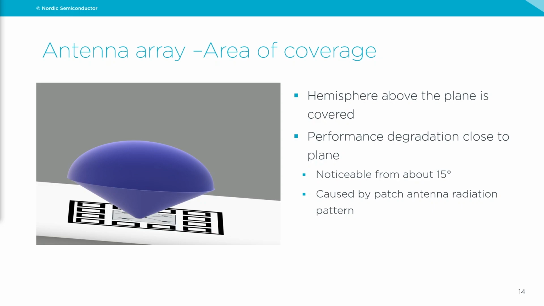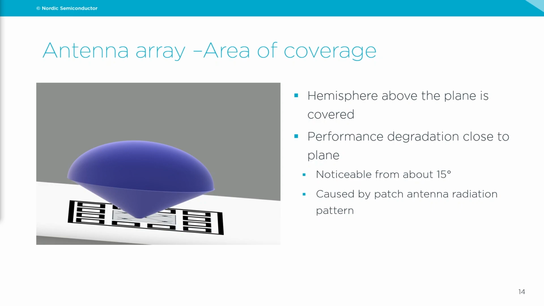And this has to do with the antennas chosen being patch antennas. They have very good performance for projecting the field directly out of the plane, but they don't work well in the plane. If you want to do a line type antenna where you only want to have one angle out, you do a different antenna design, and then you get much better performance in the plane of the PCB.